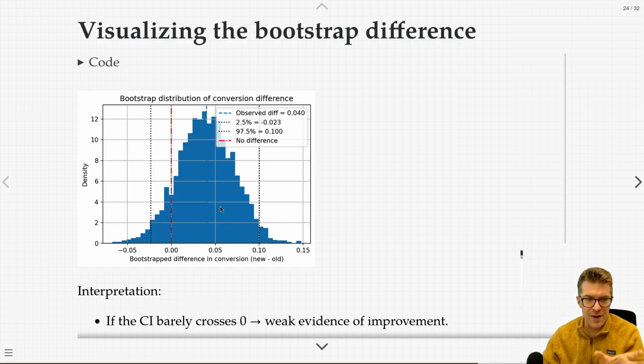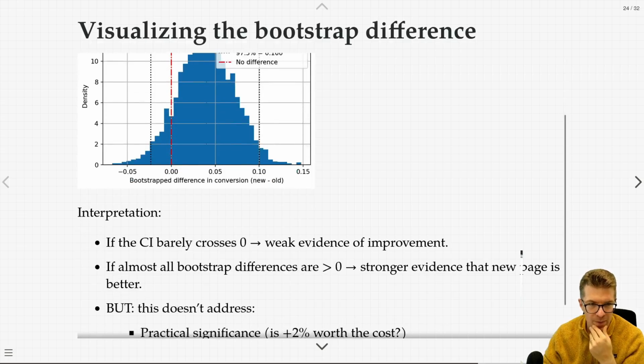So 95% of the time, our difference between the new page and the old page will be in this region. Somewhere between the upper and lower limits is no difference at all, which indicates that there might be a little bit of hesitation about claiming that the new page is definitely better than the old one, right?